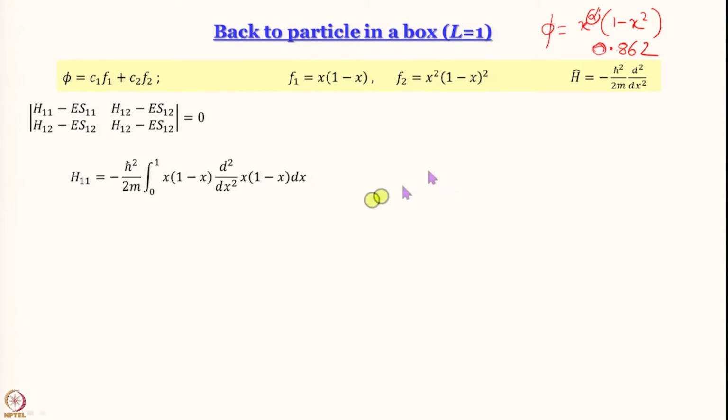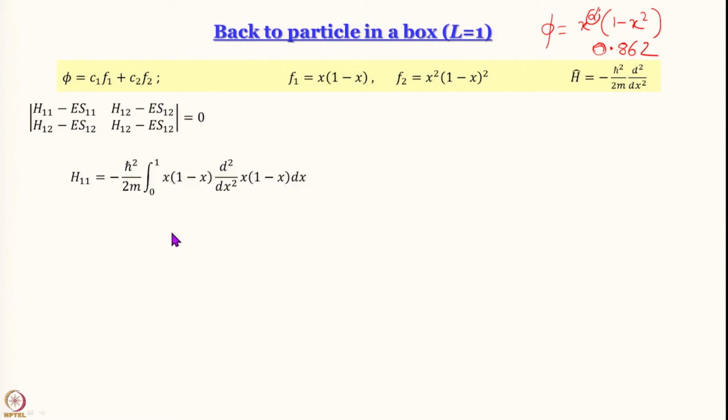Okay. So, the Hamiltonian is minus h cross square by 2m d2 dx2, and minus h cross square by 2m comes out. I am integrating now between 0 and 1 because I have set L equal to 1. So, what do I have inside there? Phi multiplied by d2 dx2 of phi. This is the first term that I will get.